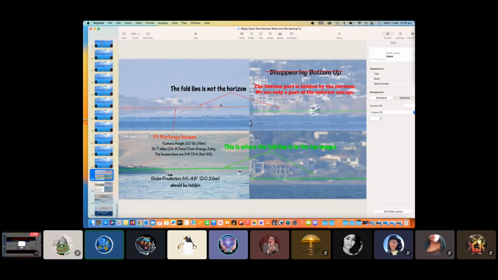But the fold line is not the horizon, because that's where the fold line is on that day, and that's where the fold line is on that day. So clearly the fold line can't be the horizon. And he got angry because I made a post on it. Yep. He would get very angry. That smells of butthurt.